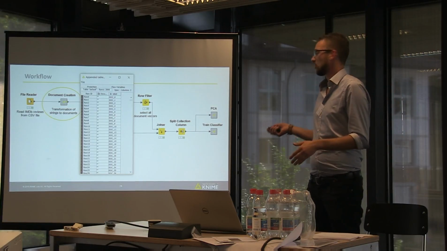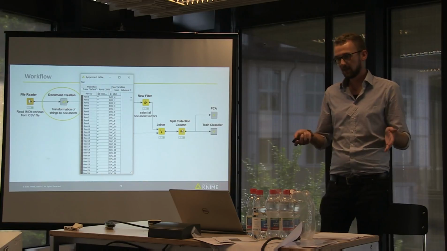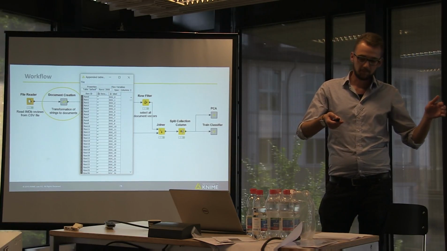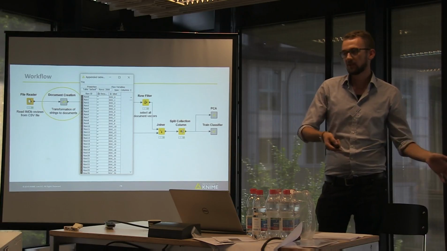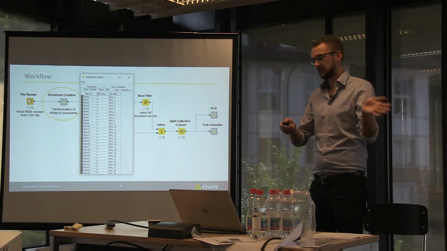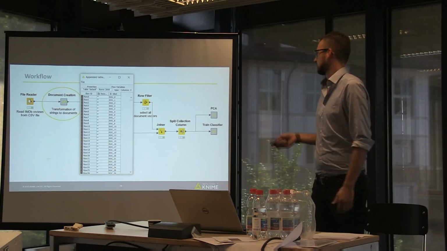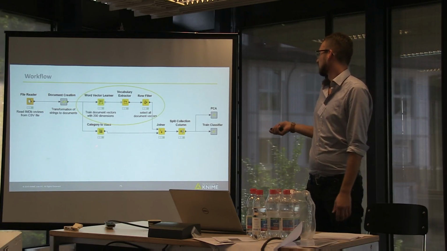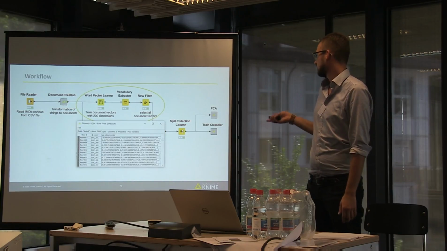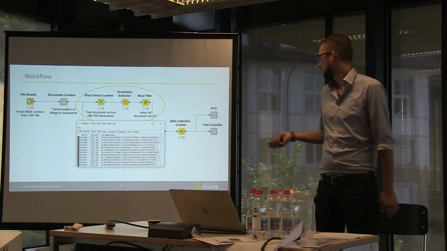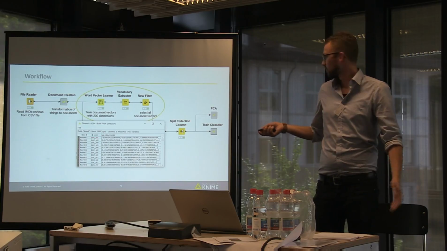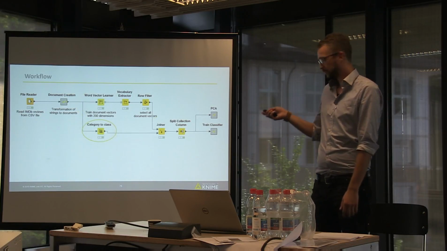Because each document has a unique label, we get a vector for each of these documents. This is done here. So here we use the word vector learner and the vocabulary extractor, and the result would look like this. So here we have an ID of our document and the corresponding vector.